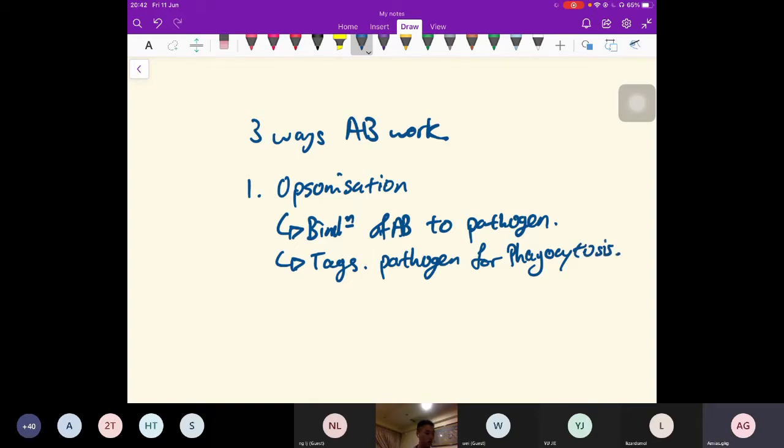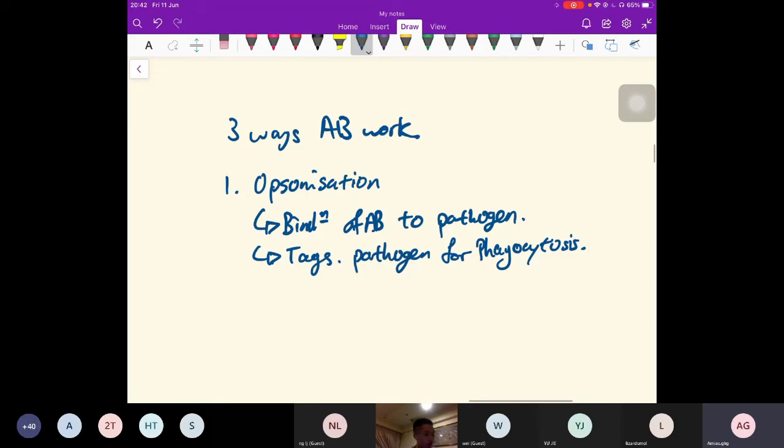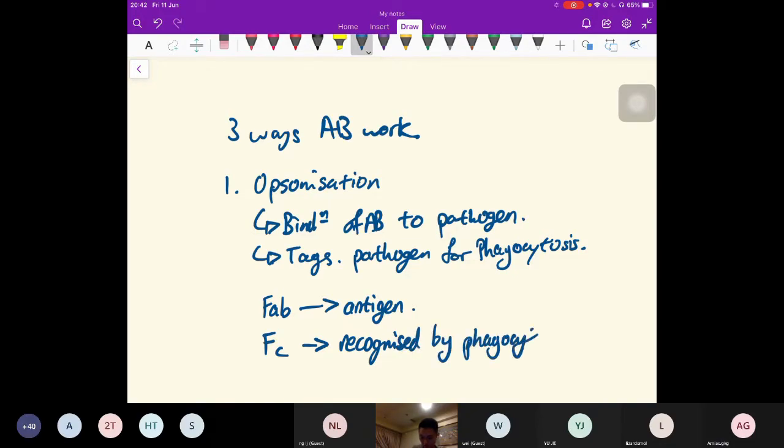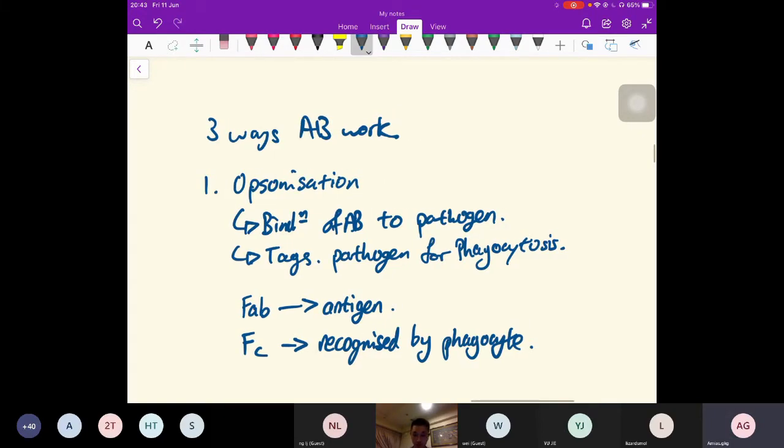The Fab portion binds to your antigen, while your Fc region is recognized by the phagocyte. You don't have to know how it's recognized, but a function of the Fc region of an antibody is that it can be recognized by your phagocyte to promote phagocytosis, so that pathogens can be removed via opsonization.